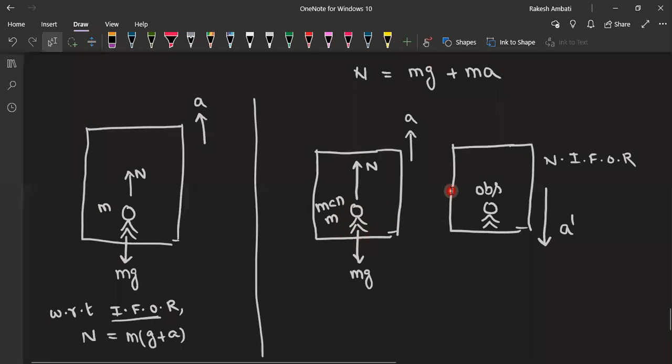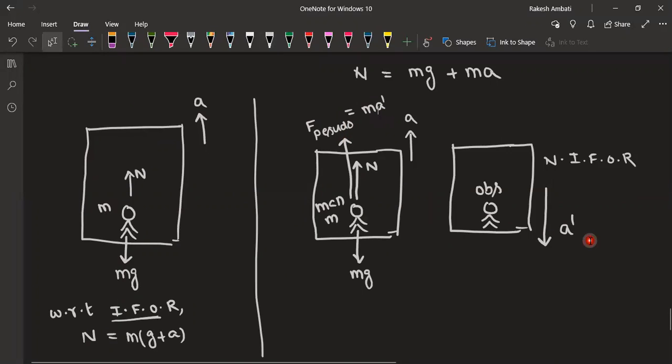Upwards. And what is the value of this pseudo force? M into A or M into A dash? M into A dash. Is it clear how the formula of pseudo force works? Yes, sir.